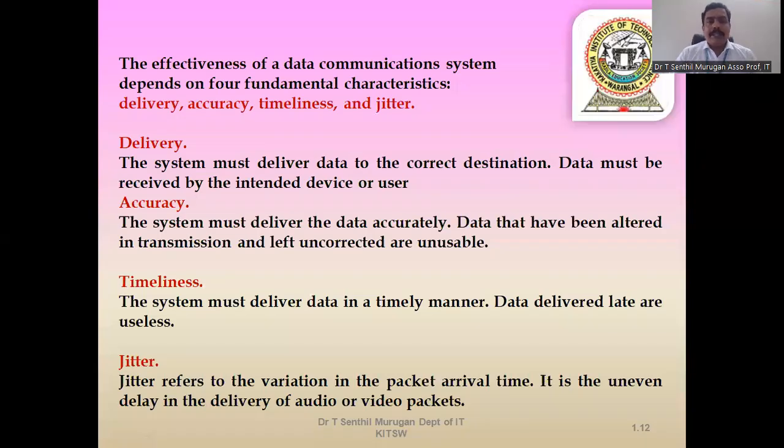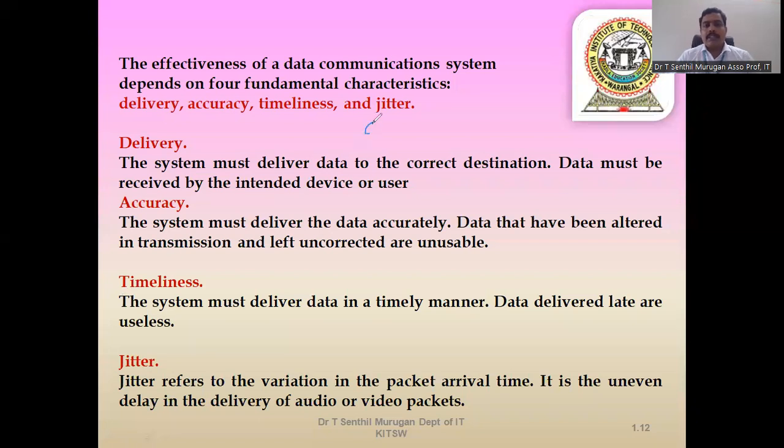Okay, so we know how data is flowed from one node to another node and what are the components used in the computer networks. Now we must know about effectiveness of the data communication system. What are the characteristics of computer networks? First one, delivery. What is delivery? The system must deliver the data to the correct destination.